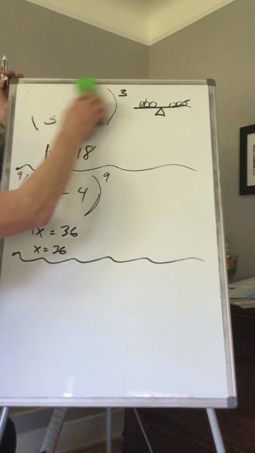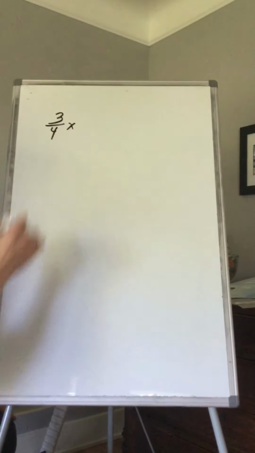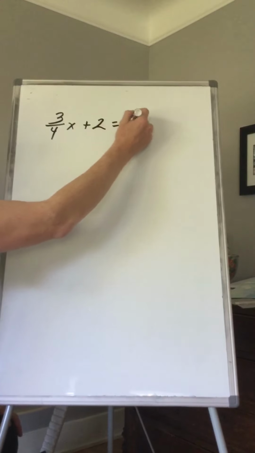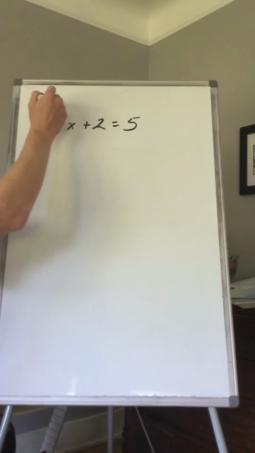Okay, so now we've seen scenarios where it's not just a fraction and a value of x. So if we have, let's say, 3/4 x plus 2 equals 5, you can right away multiply everything by the denominator. That could be your first step.